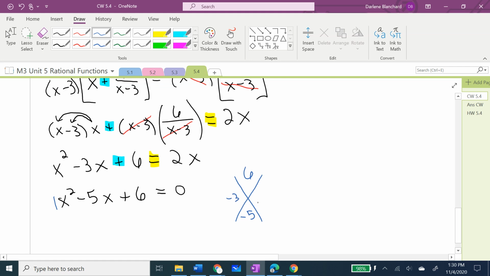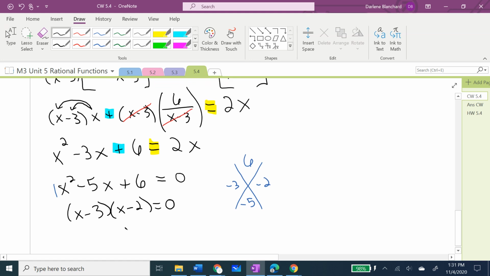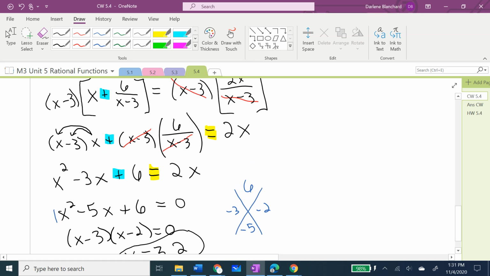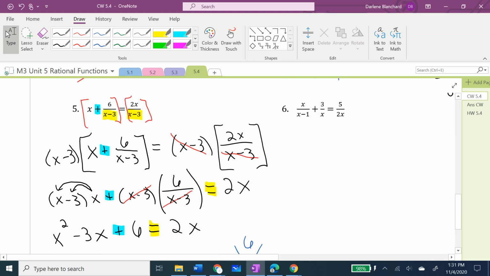Negative 3 and negative 2. And that gives me two answers. X minus 3 is 0 when x is 3. X minus 2 is 0 when x is 2. But before I call it a day, I need to check them. Do they make an original denominator 0? Do either of them make an original denominator 0?